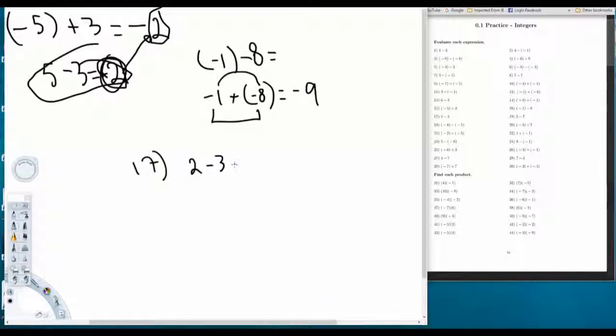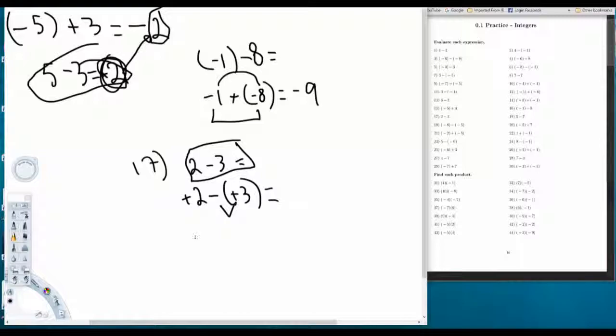Number 17. 2 minus 3. Now that's a tricky one. So what they're saying here is plus 2 minus plus 3. Right? That's what they're saying. These two here cancel to become minus. A positive and a negative become a minus. That's how you get this first statement right here.